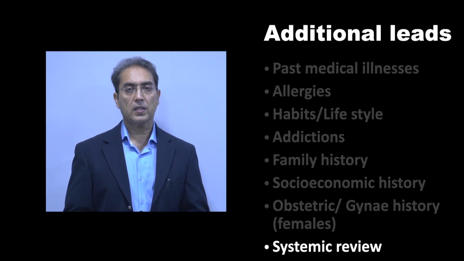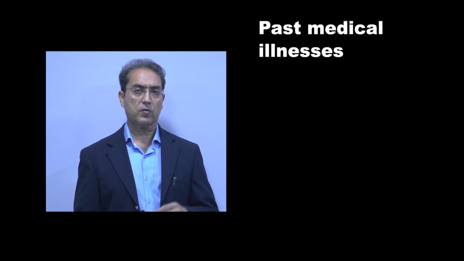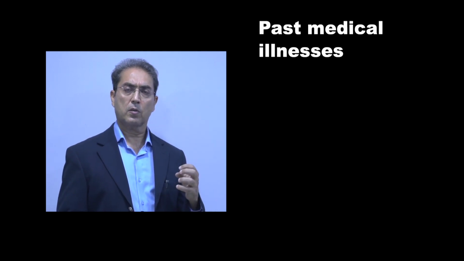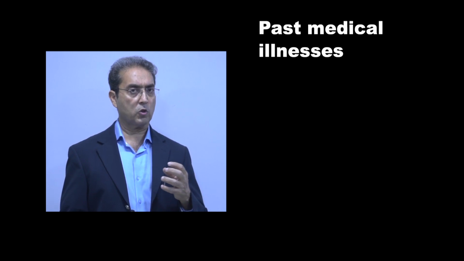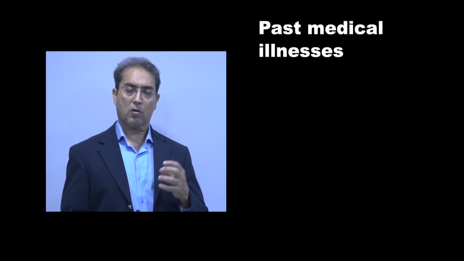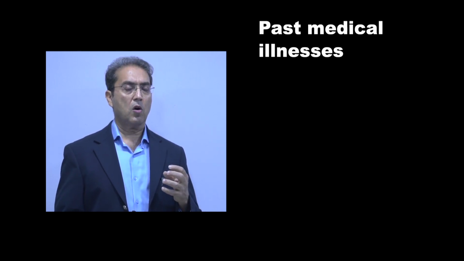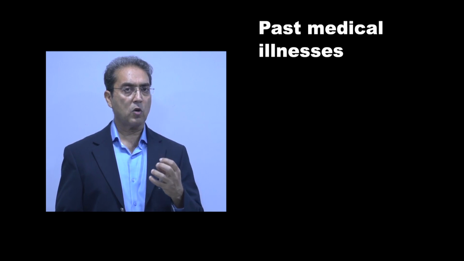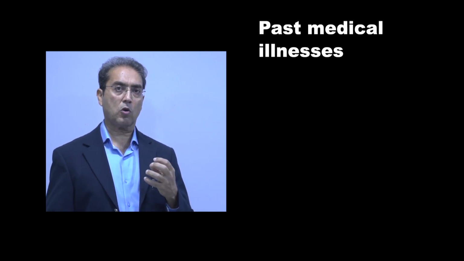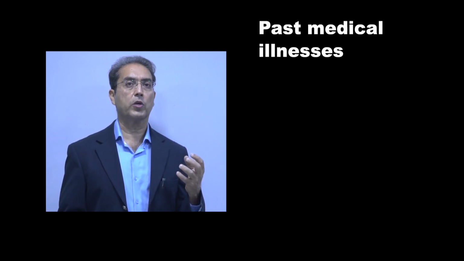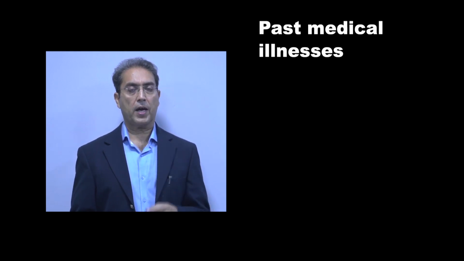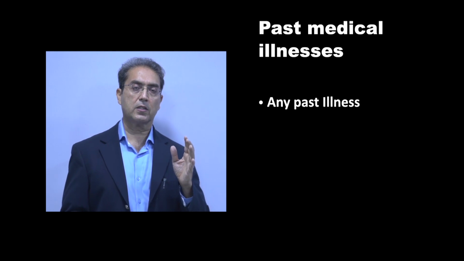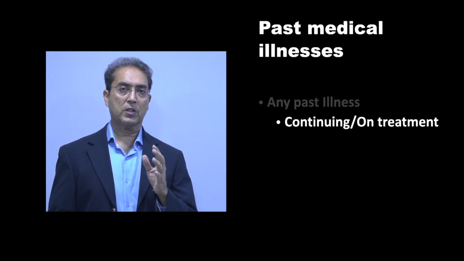Now, past medical illness. Past medical illness is very important. We discussed in the last lecture that the majority of the presentations may be because of a continuing past medical illness, or a complication of past medical illness, or an illness which is new but on top of an illness already going on. So record any past medical illness that is continuing and the patient is on treatment.